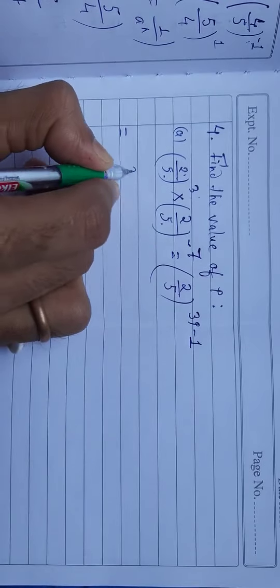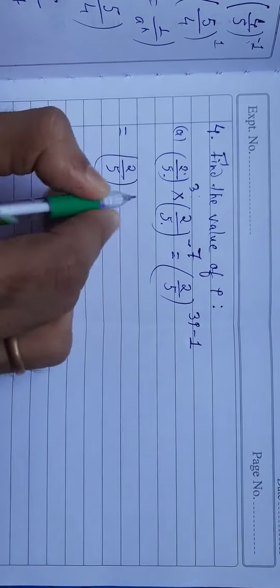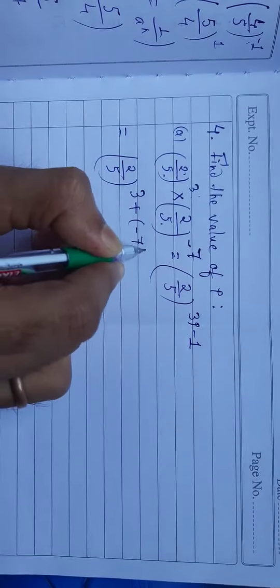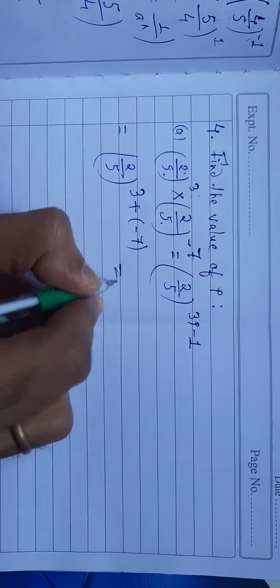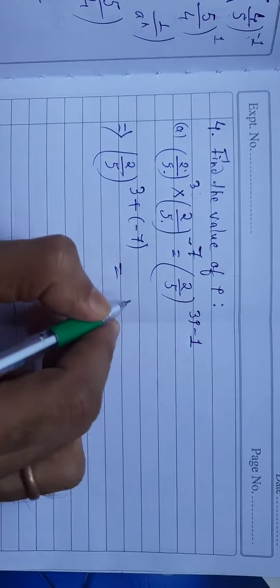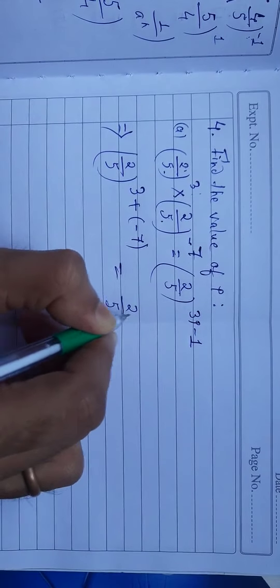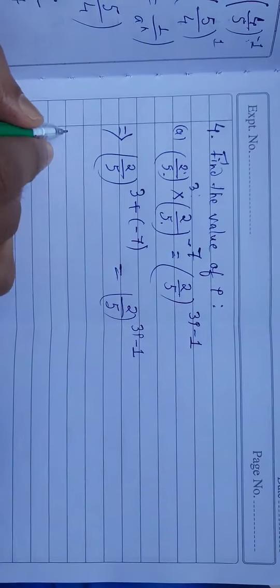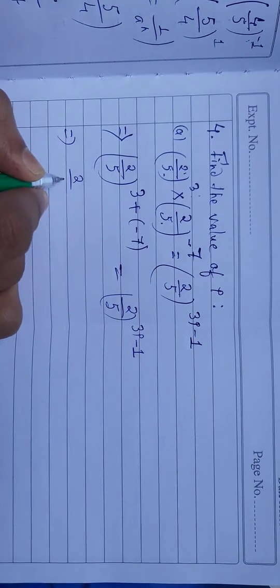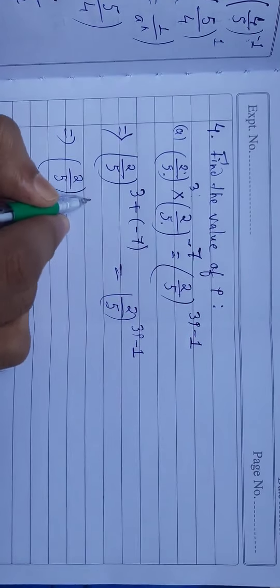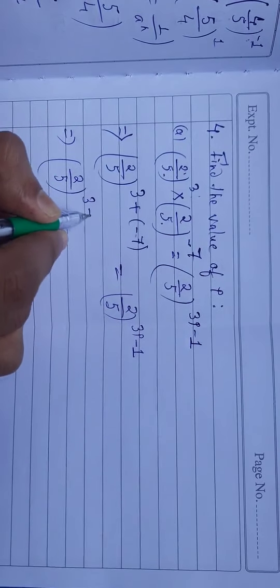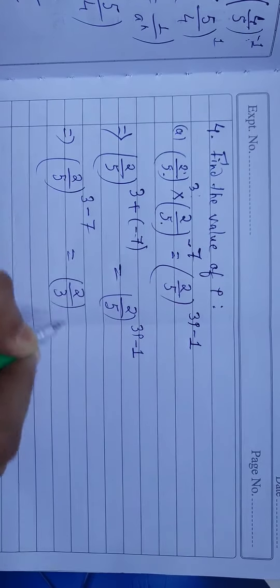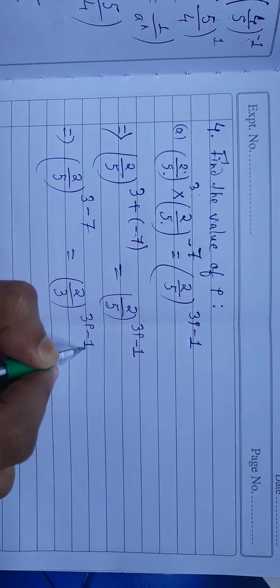So 2 by 5 to the power 3 plus minus 7 equals 2 by 5 to the power 3p minus 1.